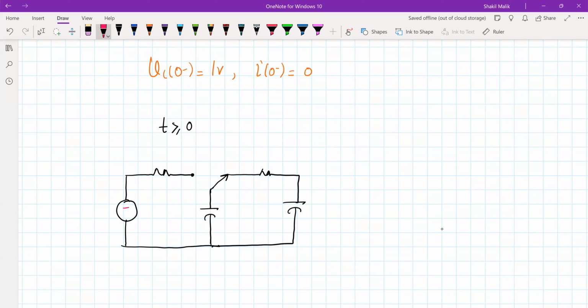So let me write the values. This is plus minus 1 volt. This is 2 ohm. This is 1 by 2 farad. This is 2 ohm. So this will be i(t).